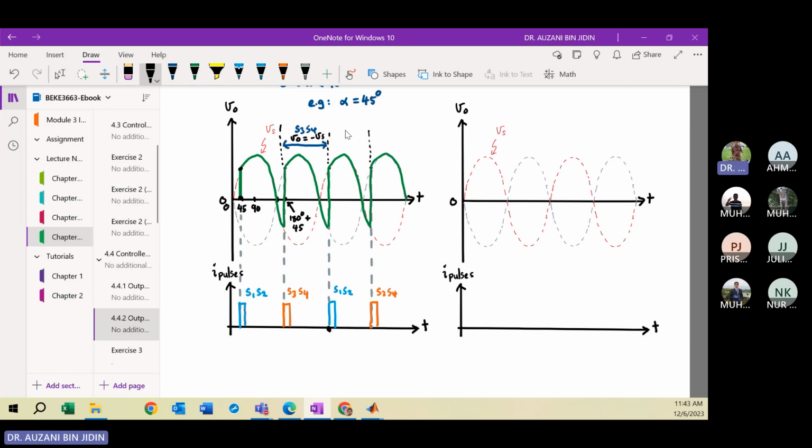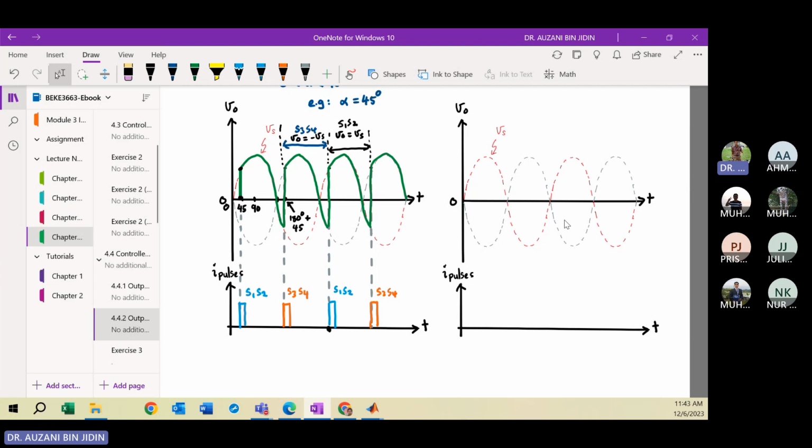So in this case, your S1 and S2 will be conducted at this interval. So your VO will be the same as the source voltage, Vs.